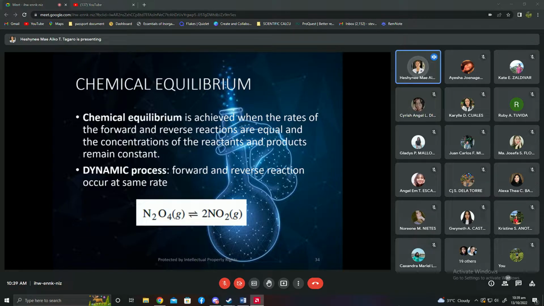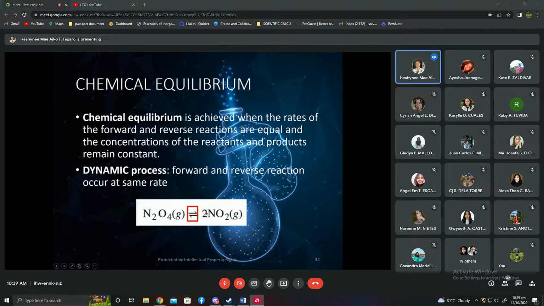How will we know? This is identified by the equilibrium arrow or the reversible arrow here. So the forward direction and the reverse direction, from reactants to products and products to reactants.